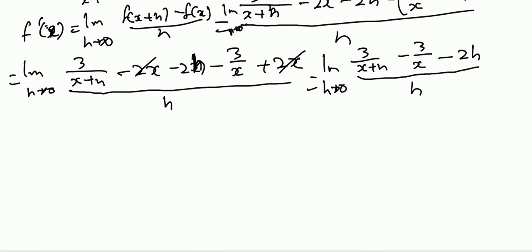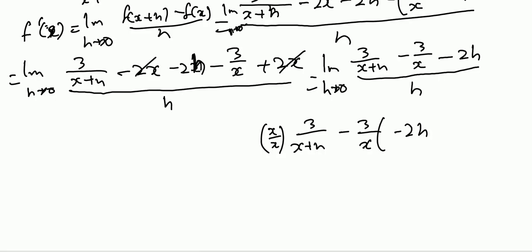Let's solve the numerator aside. When solving the numerator, we'll have 3 over x plus h minus 3 over x minus 2h. Then here we are going to multiply by what? By x over x. Then here x plus h over x plus h.